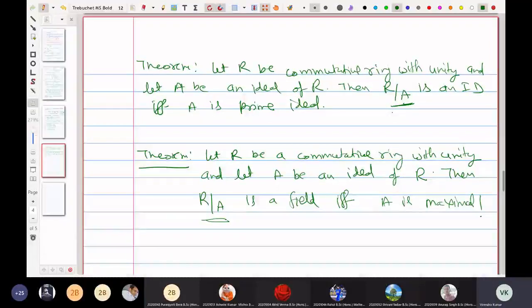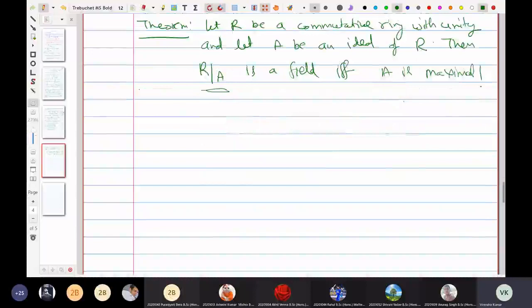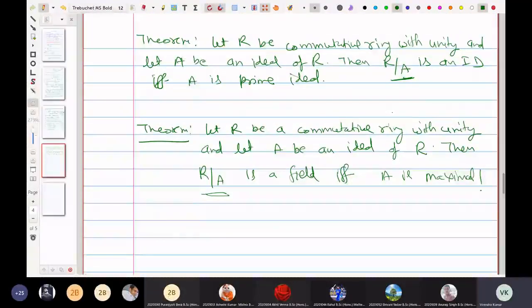So the difference between these two results is very much clear. Let us see the proof of the first one. One more thing I would like to point out: here the consideration of commutativity and unity plays a role.